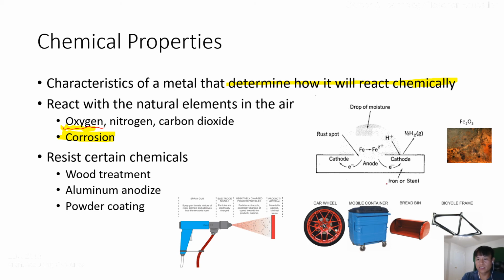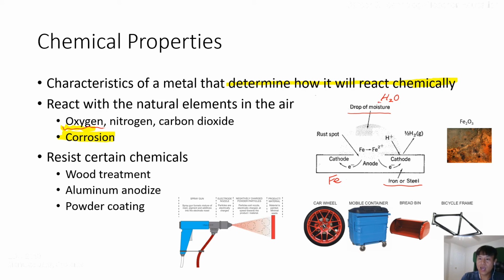Let's say this is iron or steel. Iron is ferrous, right? But sometimes a drop of moisture is two hydrogen and one oxygen, right?